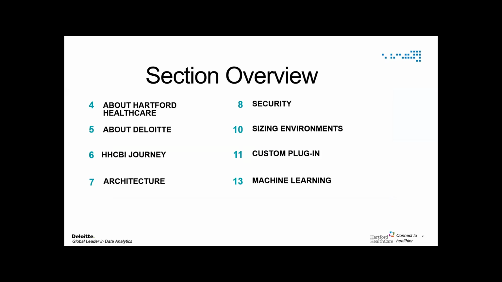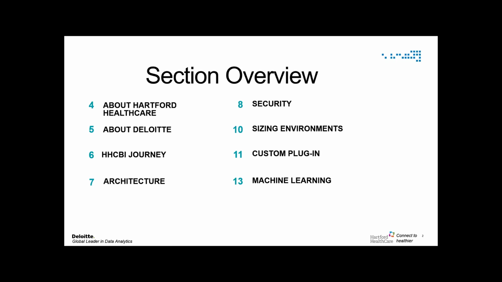And our journey in OAC and with OBIA, the architecture we defined, the security, how we designed it, the sizing of the OAC environments, the custom plugins, and the machine learning part of it. By this time, most people know that they can lift and shift their RPDs and catalogs to OAC.